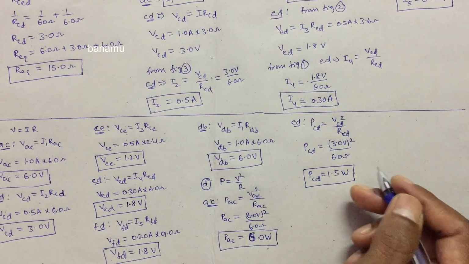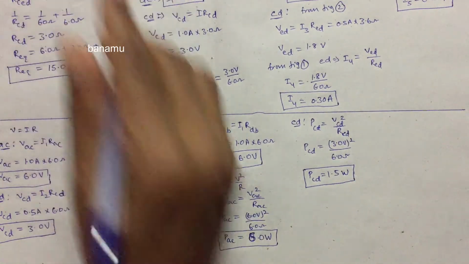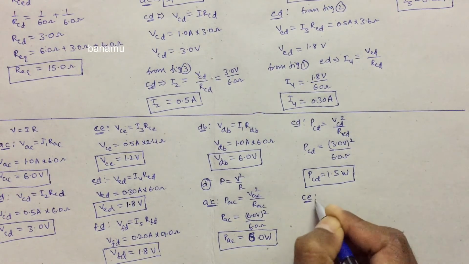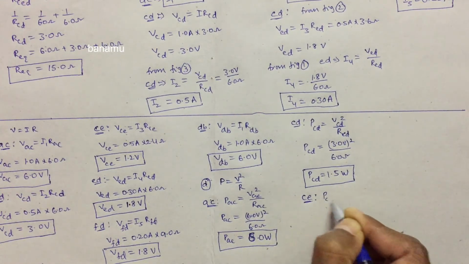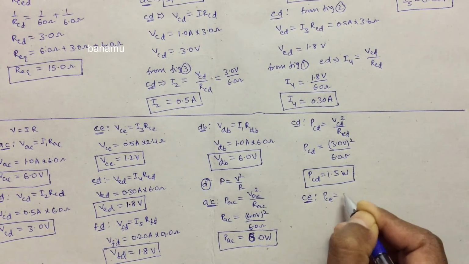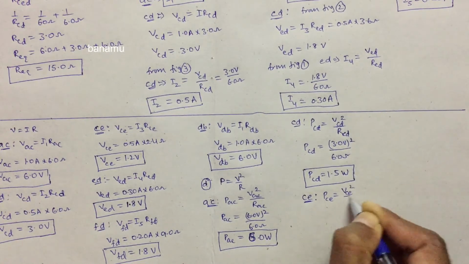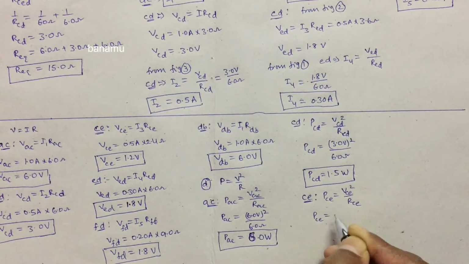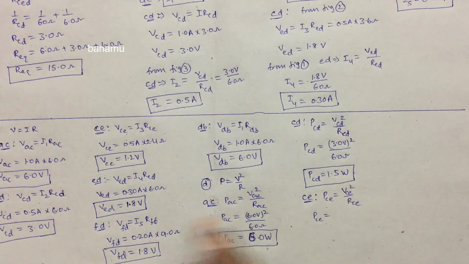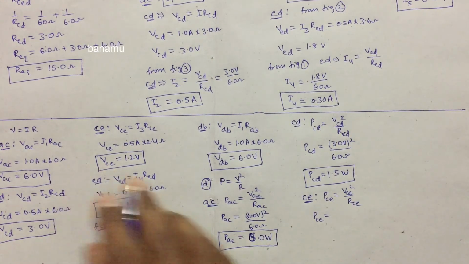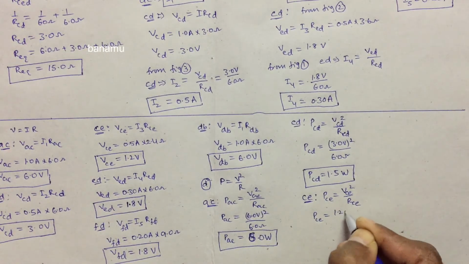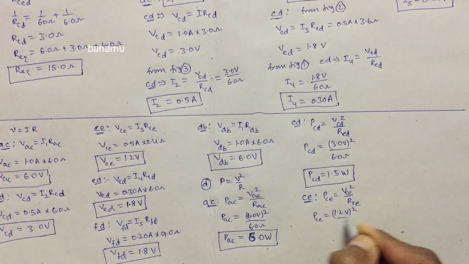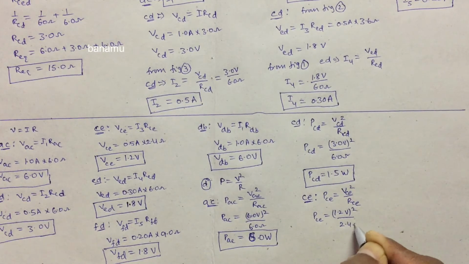And the power dissipated in CE is PCE, which is equal to VCE whole square by RCE. So PCE is equal to the value of VCE, 1.2 volts, whole square by RCE, 2.4 ohms.